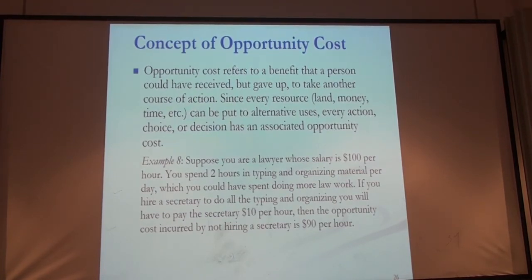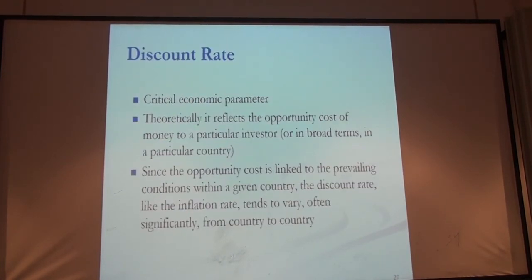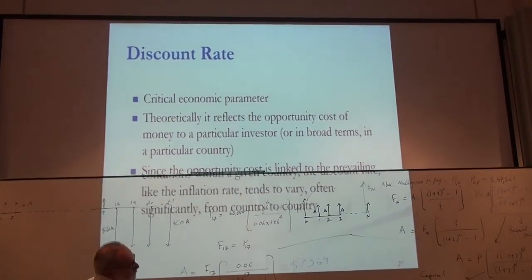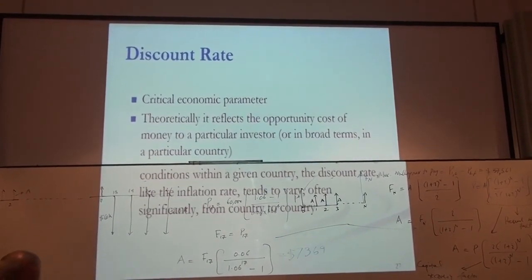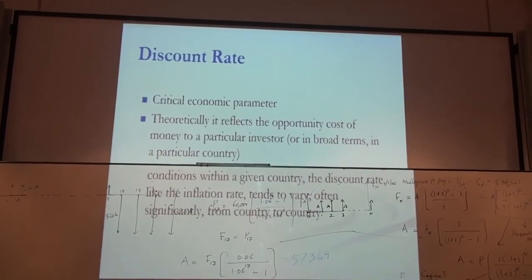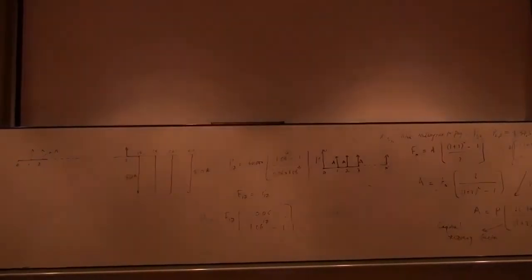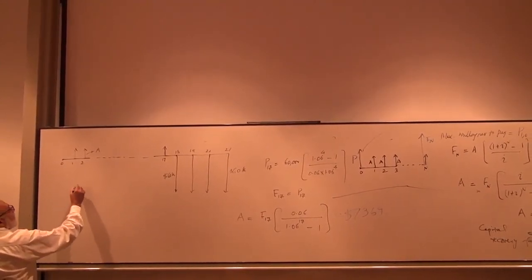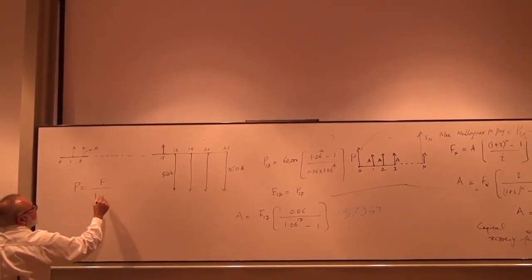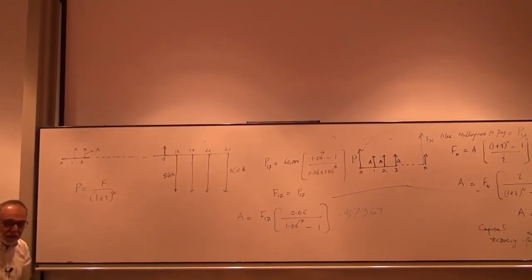This same concept is used for discount rate. Discount rate is a critical economic parameter. Remember that we were discussing over here this equation: P is equal to F over (1 plus I) raised to power n.